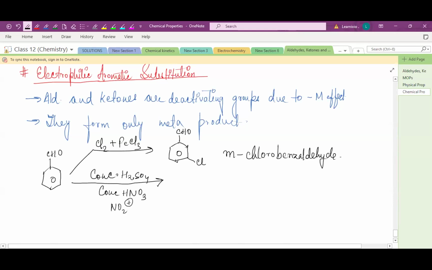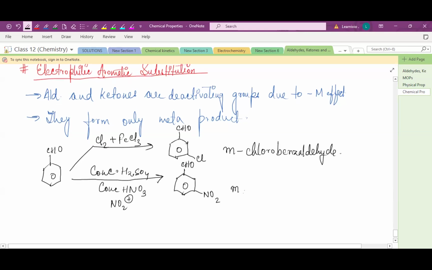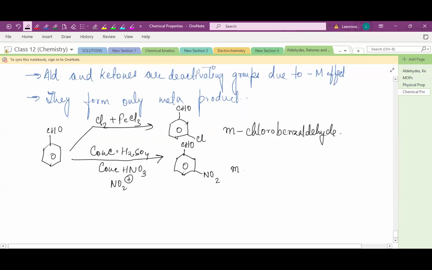So you have to attach the NO2 plus on the meta position. This is your benzaldehyde, right? Just attach this electrophile NO2 on the meta position. So what is the name of this compound, Maniba? Metanitrobenzaldehyde. Yes, good. Metanitrobenzaldehyde.